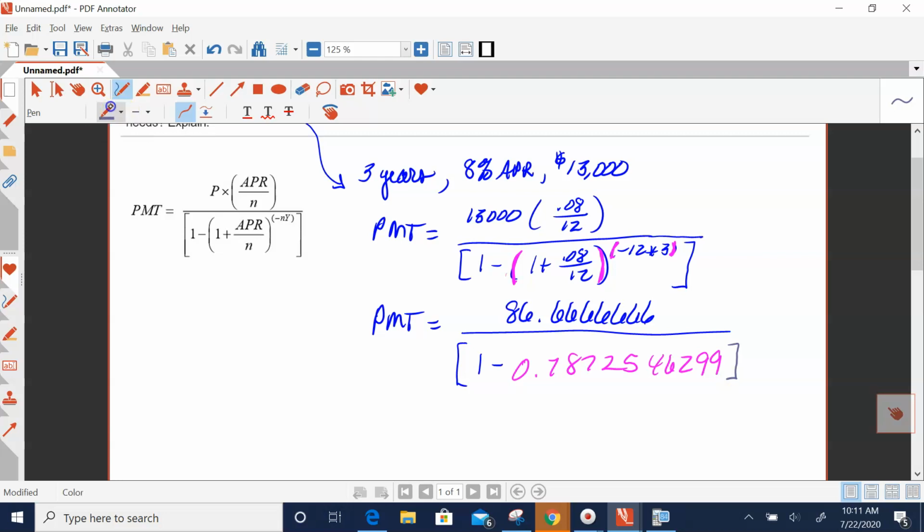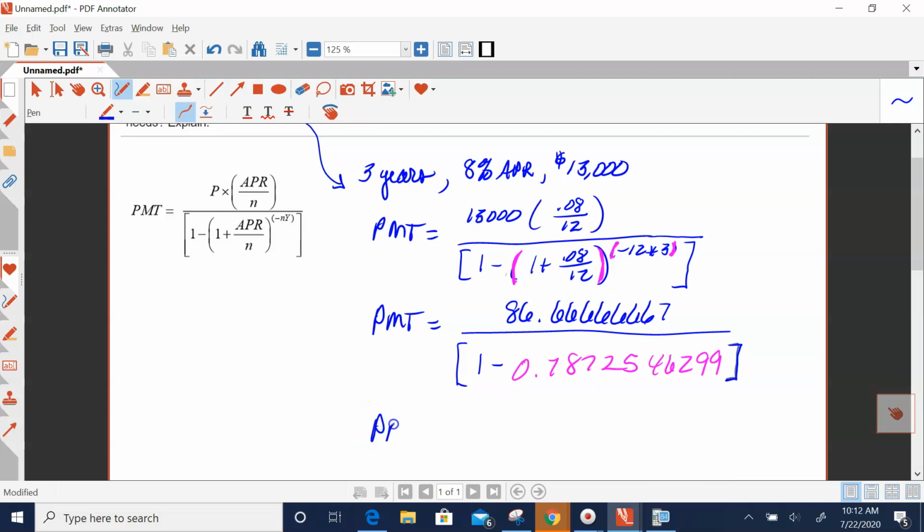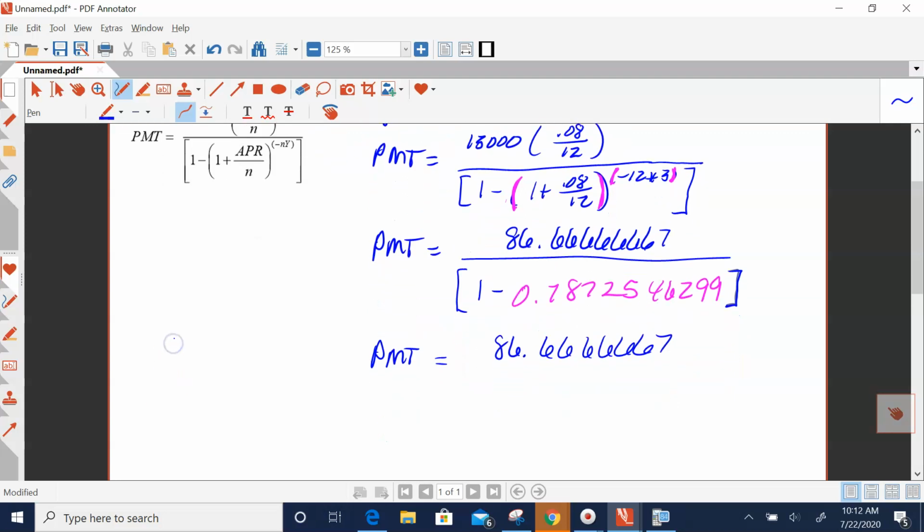I'm going to be consistent. Okay, so I've got my numerator of 86.6666666 with a 7 on the end if we want. My denominator is 1 minus this 0.78725. Now I'm going to figure out that denominator, so I need 1 minus that long decimal. Here's what I'm going to do.